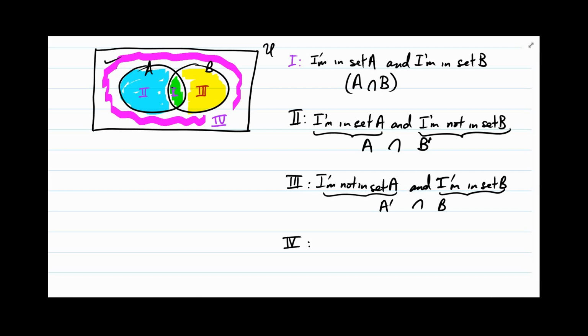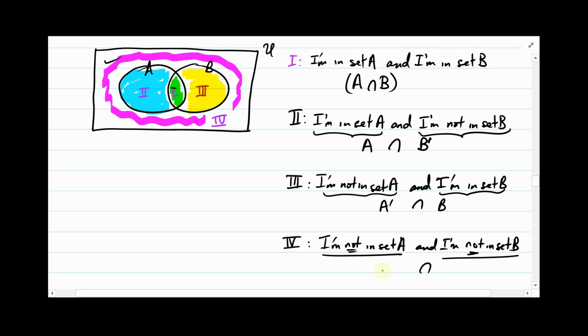I again will ask the question, am I in set A? You'll say, I am not in set A. And at the same time, I am not in set B. So using these, along with the "and", I'm in the complement of A intersected with B complement.